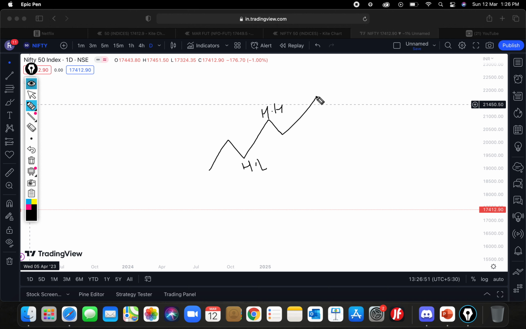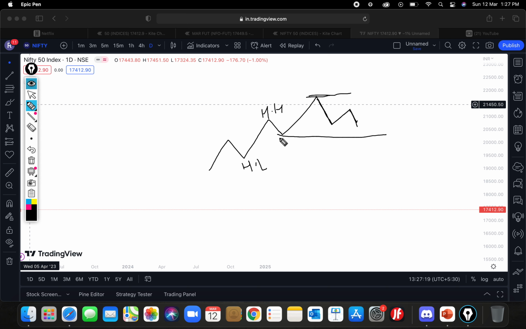If it has to continue in a bullish trend, then we will need another higher low and another higher high breaking these particular levels. But if the market falls down, goes up and does not create a new higher high, instead starts creating a new lower high, then this is an indication that the market may have a change of character.